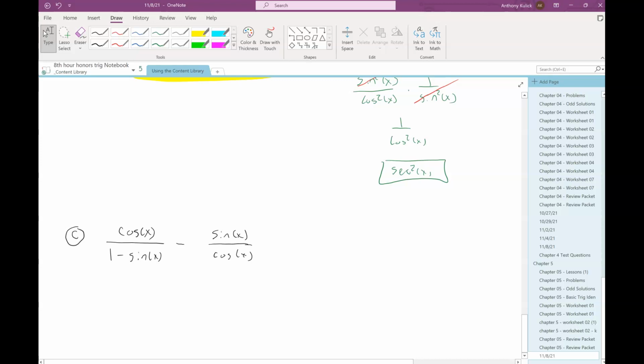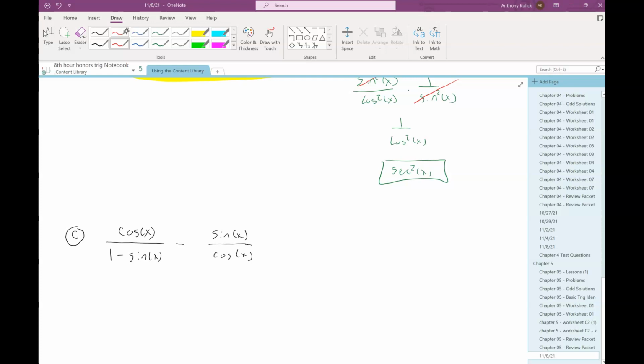Anybody got some ideas on this one? Find a common denominator. Yeah. There's no obvious identity involved here, right? Anything that you tried to do is just going to make fractions inside of fractions, which is typically a bad idea.